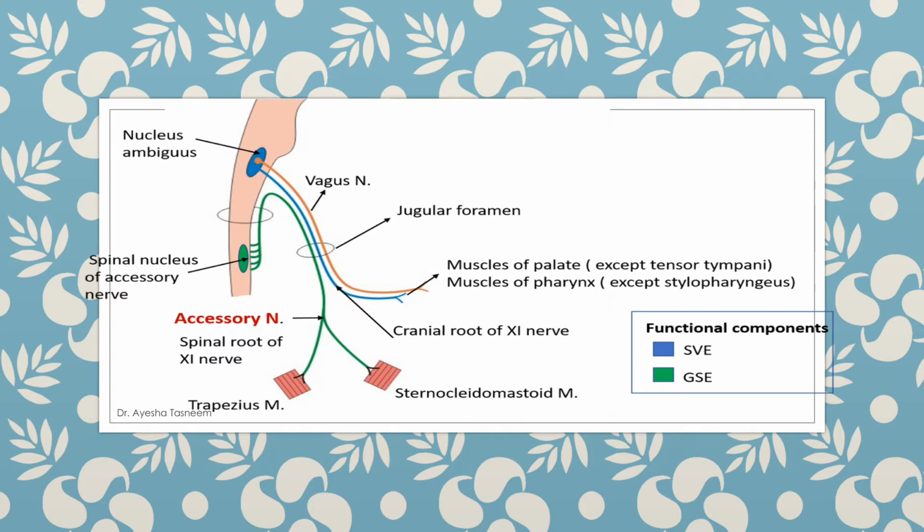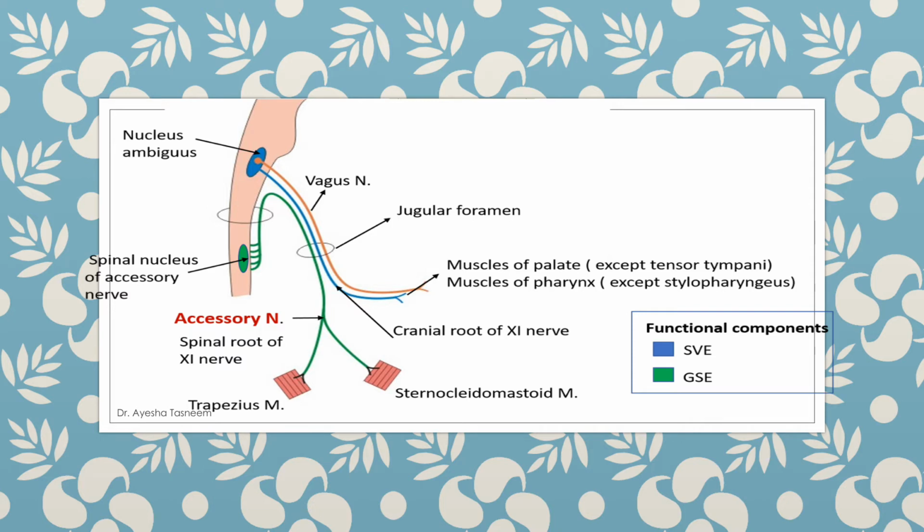Here you can see, this blue one is the nucleus ambiguus and the fibers of the cranial root are going towards the jugular foramen. Here they join the fibers of the spinal root in the jugular foramen, but just after coming out of the jugular foramen, both roots separate from one another.